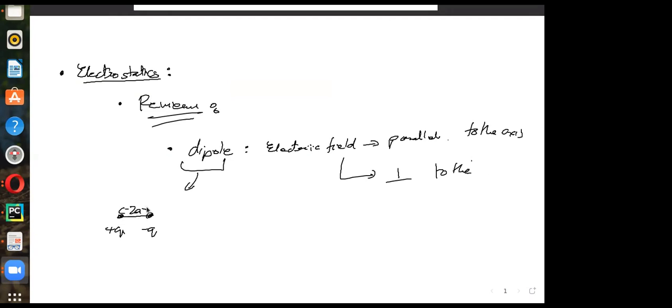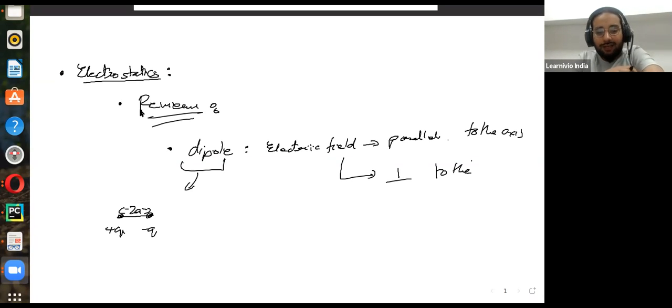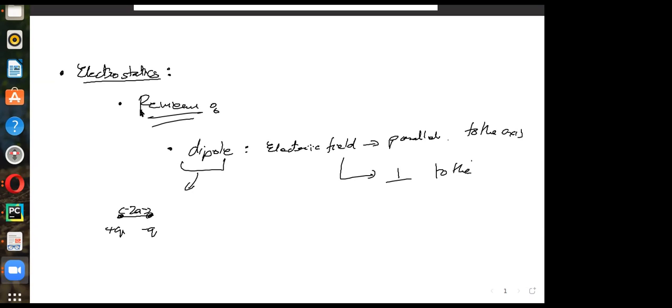Yes, go ahead. Will the derivation of the electric field of a dipole, perpendicular or parallel to the axis, come in the exams, or do we have to learn this? Yes. See, you don't really have to remember it. If you understand how the logic progresses, it should not be necessary to remember any of this. So we don't have to write all this when giving JEE, right?